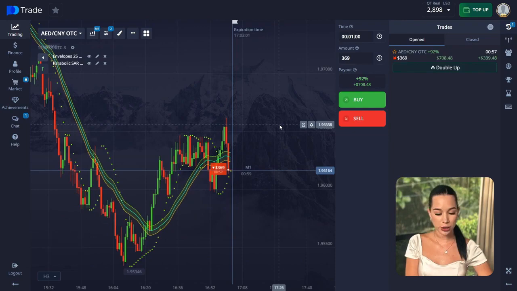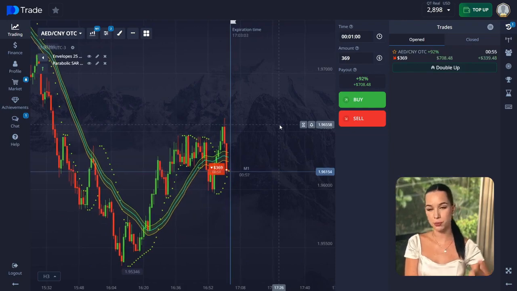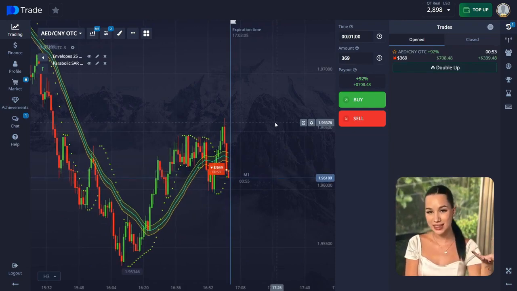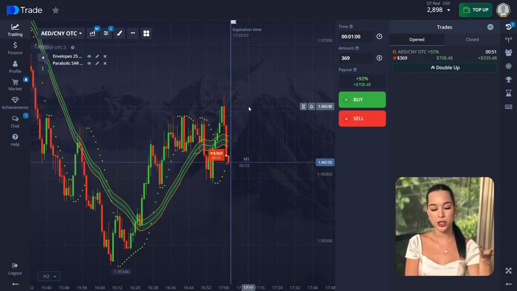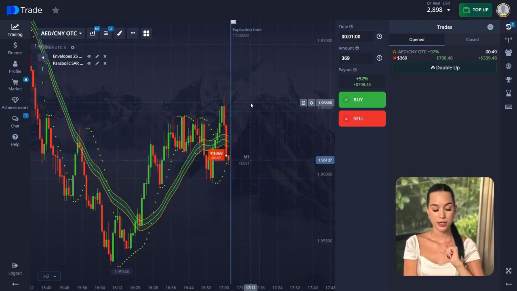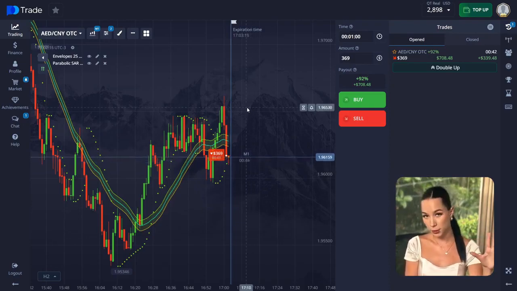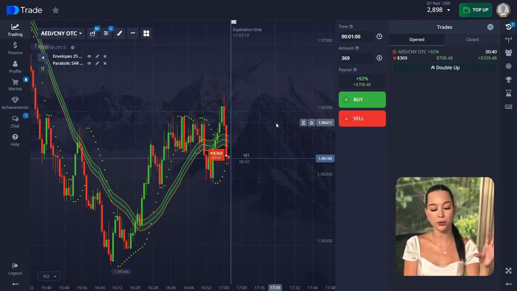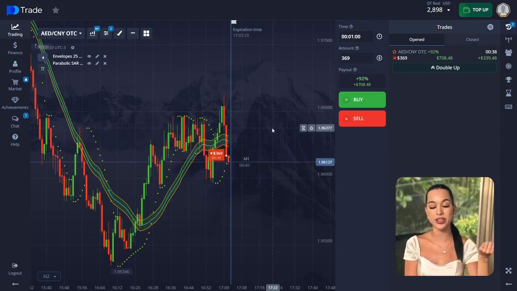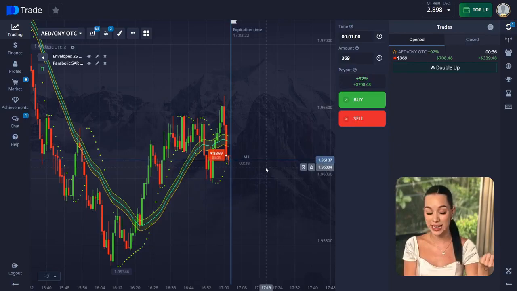So let me tell you more about these indicators. First of all, Parabolic SAR is a technical indicator to determine short-term momentum. It works really well for capturing profits by entering the trade during a trend in a steady market.